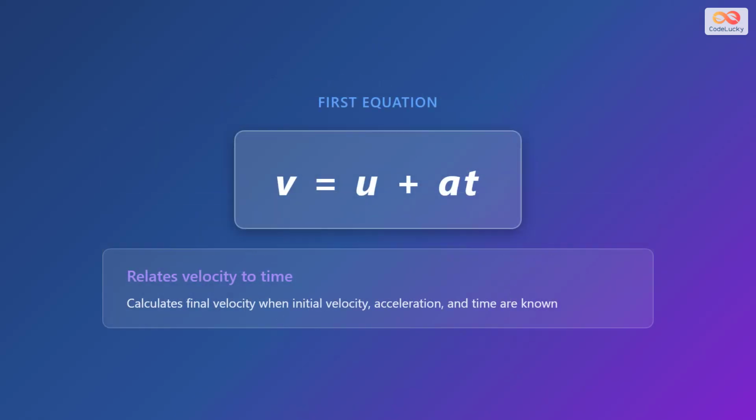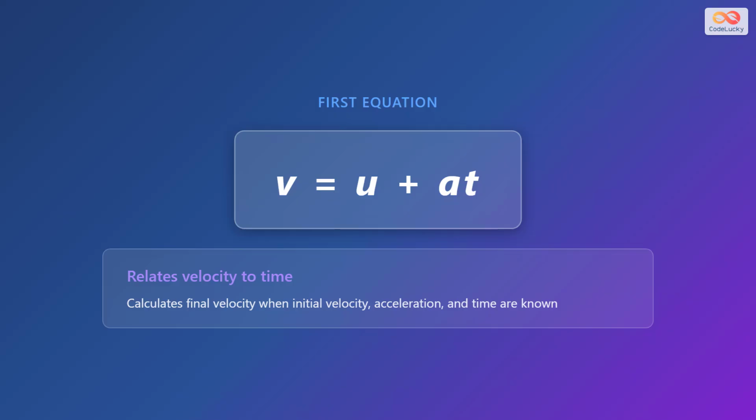The first equation of motion is v equals u plus at. This equation establishes a direct relationship between velocity and time. It tells us that the final velocity of an object equals its initial velocity plus the product of acceleration and time. This is one of the most straightforward equations in kinematics. Use this equation when you know the initial velocity, acceleration, and time, and you need to find the final velocity.